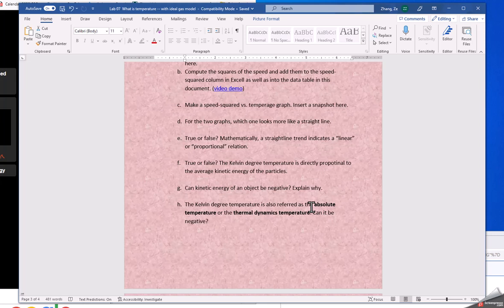Of course, we can have other temperature scales, like Fahrenheit, which we use daily in normal life, and also Celsius, and you can convert between them and the absolute temperature. But now we are dealing with physics. So absolute temperature, thermodynamic temperature, or Kelvin degree temperature all refer to the same temperature, which is directly proportional to the average kinetic energy of the particles.